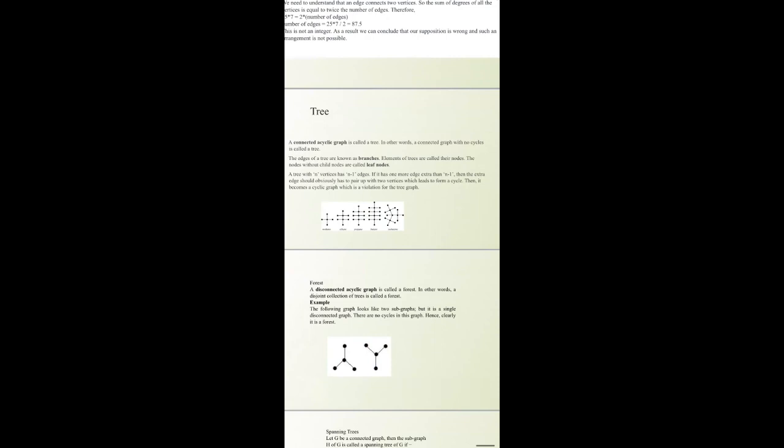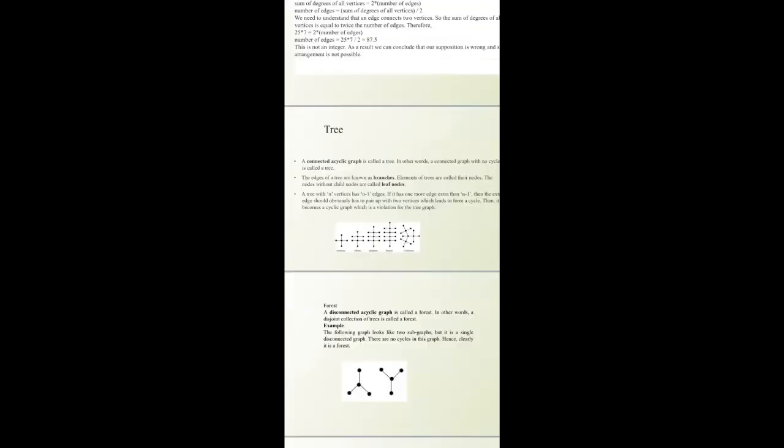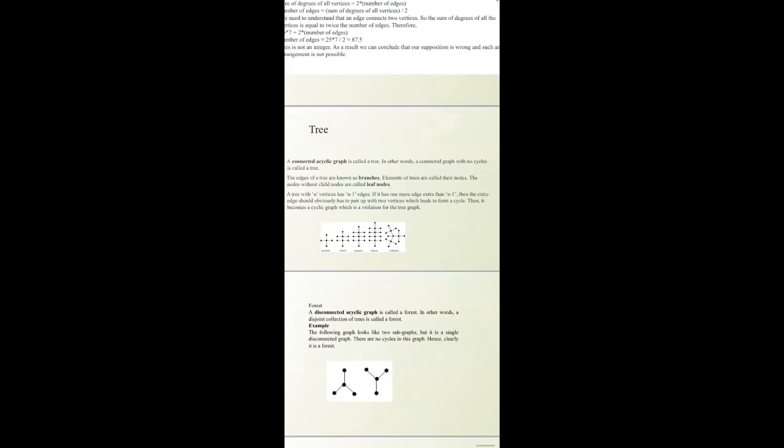A tree with n vertices has n minus 1 edges. For example, a tree with 5 vertices has 4 edges. In general, a tree with n vertices has n minus 1 edges.